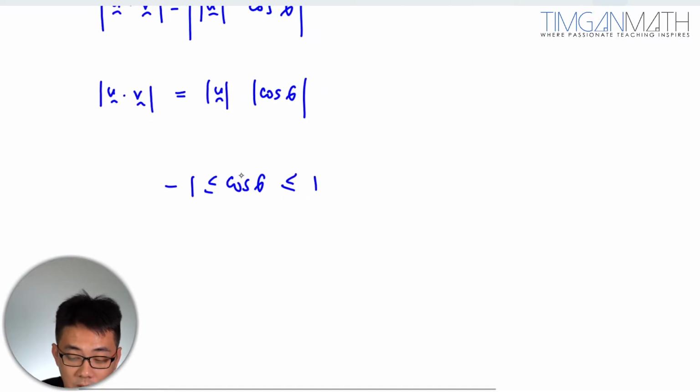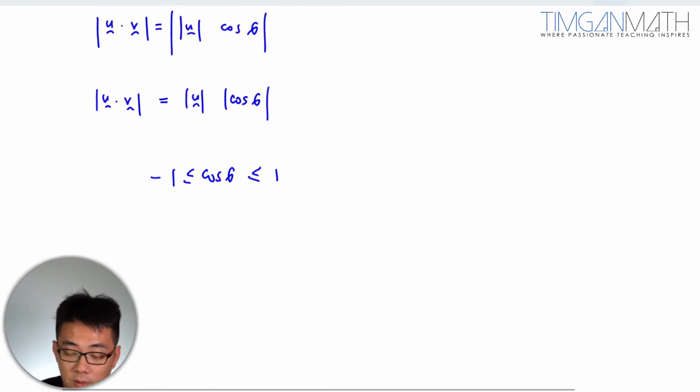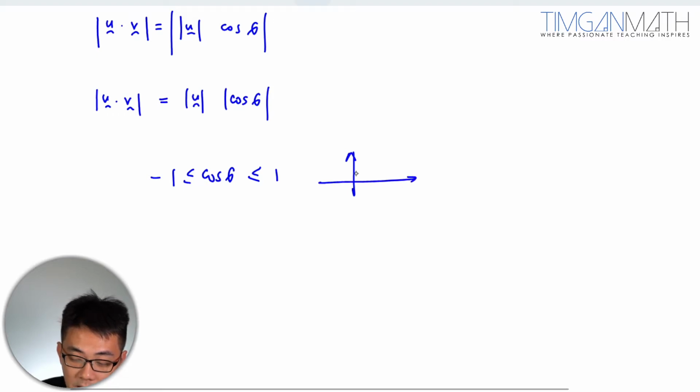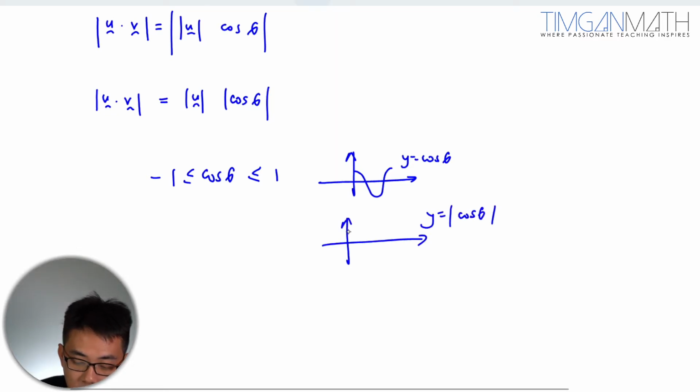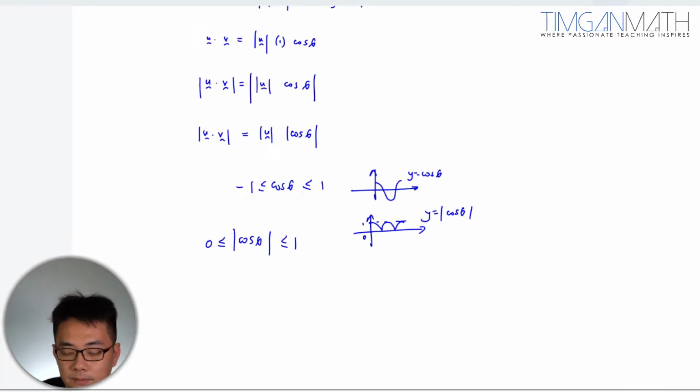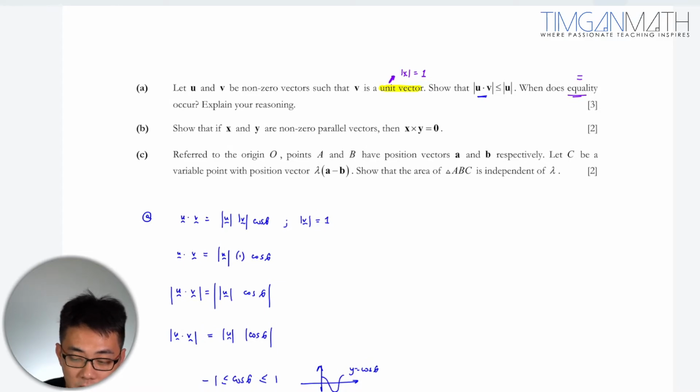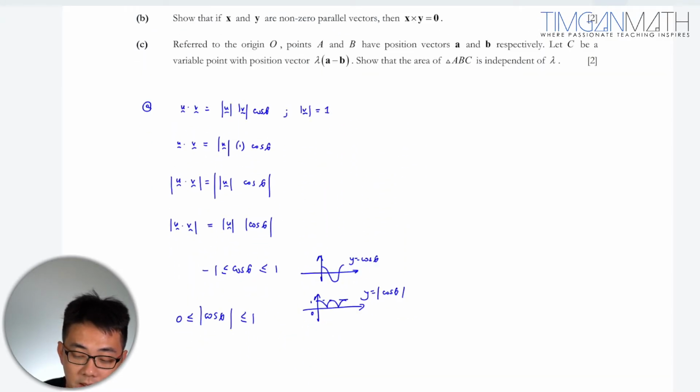Once you take the modulus throughout, just take note, if we have y equals modulus cosine theta, our graph will look like that. What I'm saying is that modulus cosine theta will be between 0 and 1. So there you go, we get the modulus sign there.